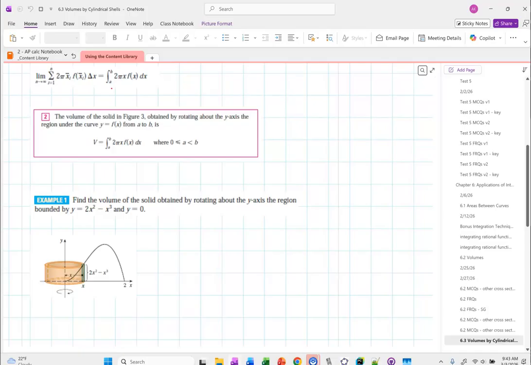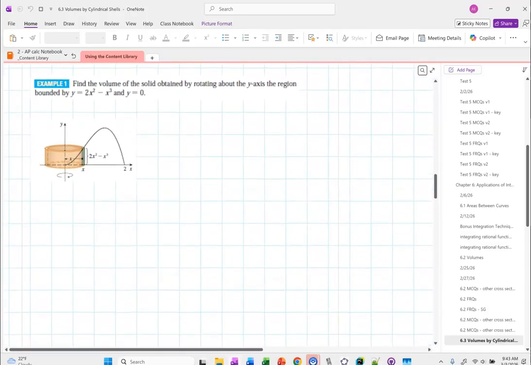It's not always going to be x, because you could rotate things about the x-axis instead of the y-axis, and then that x would be a y. It could also be the distance from the axis of rotation back to the function, so it could be like 1 plus x or 2 minus x. We'll look at some examples to clarify that, but this is the general setup.